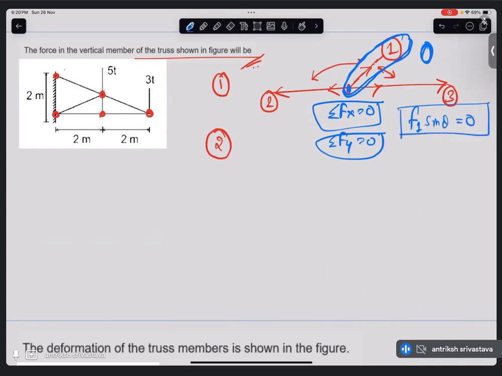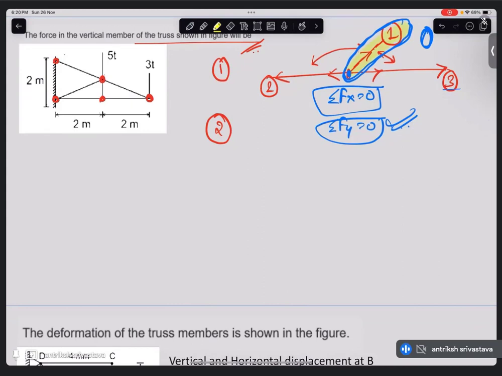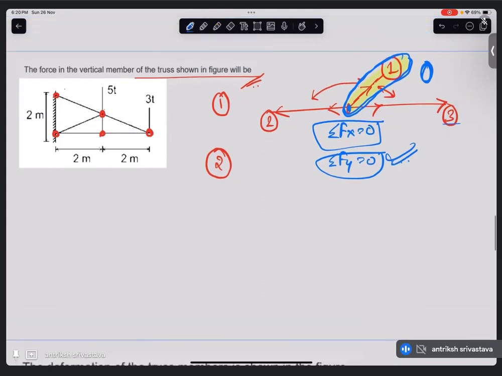So F1 is going to be 0, right? From sigma Fy equal to 0, we can easily see that the vertical component of the force in this particular member has nothing else to balance it, because there is no external load. So the force in this highlighted member is going to be 0.